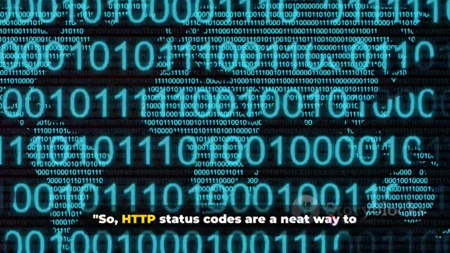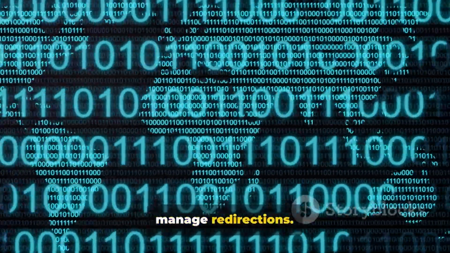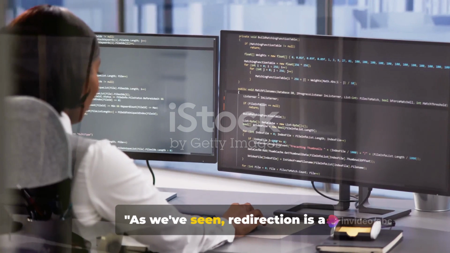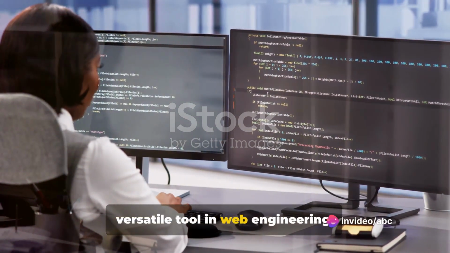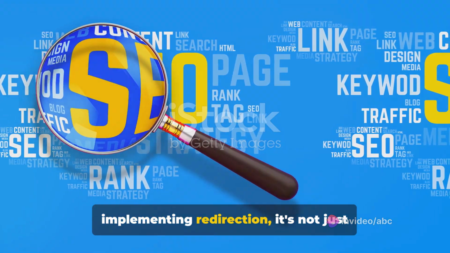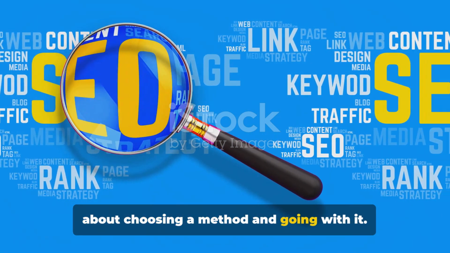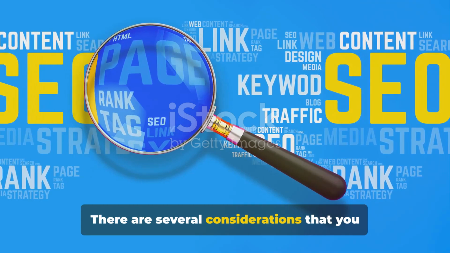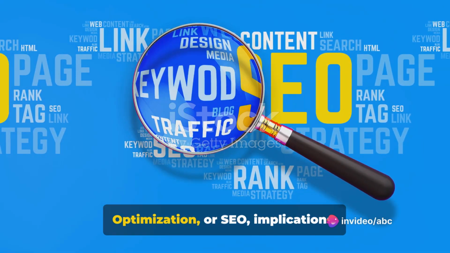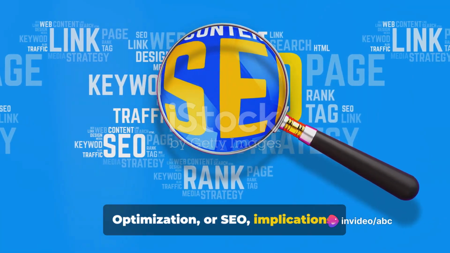So HTTP status codes are a neat way to manage redirections, but how do we tie all this together? As we've seen, redirection is a versatile tool in web engineering, but how should you implement it? When implementing redirection, it's not just about choosing a method and going with it. There are several considerations that you need to keep in mind. One of these is the search engine optimization, or SEO implications.